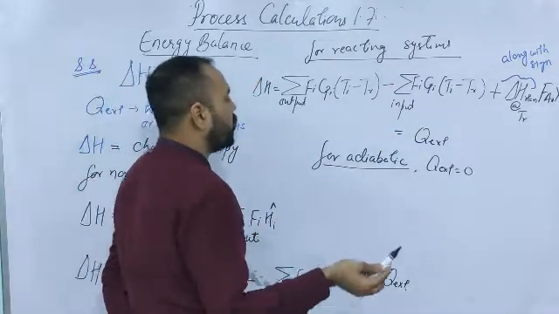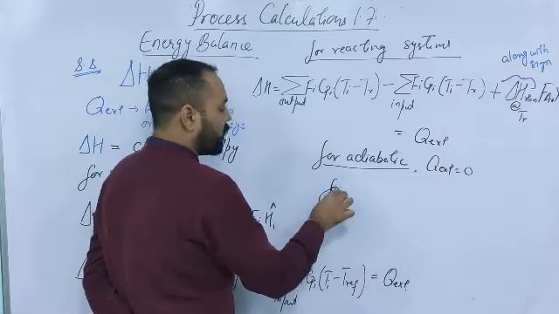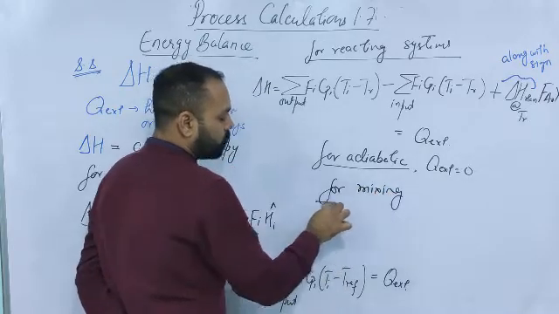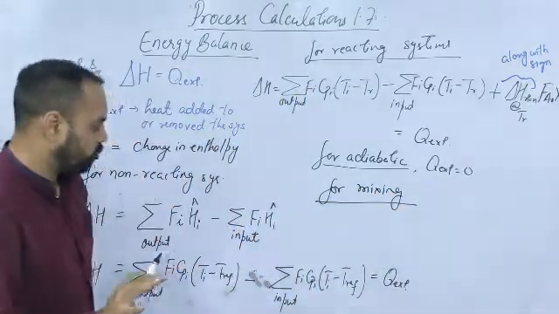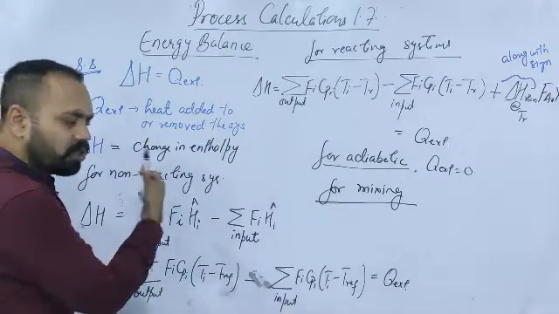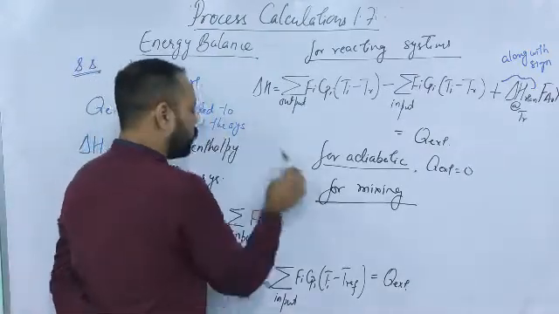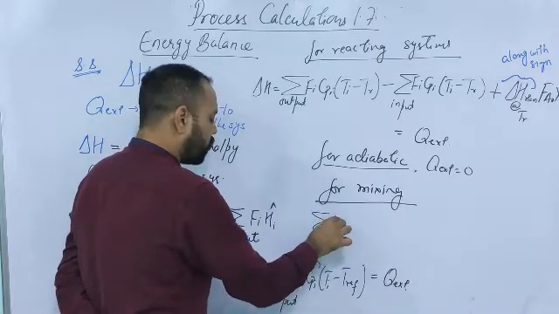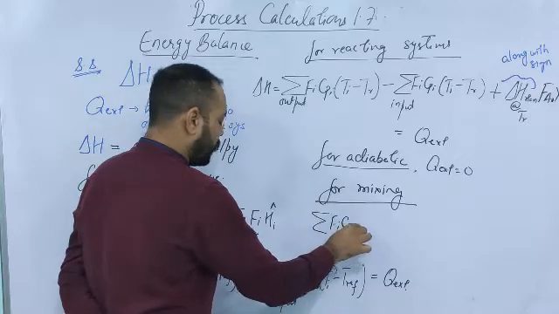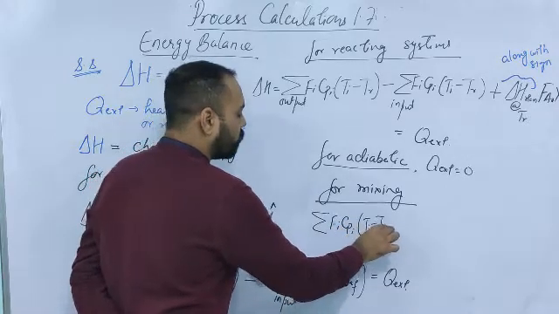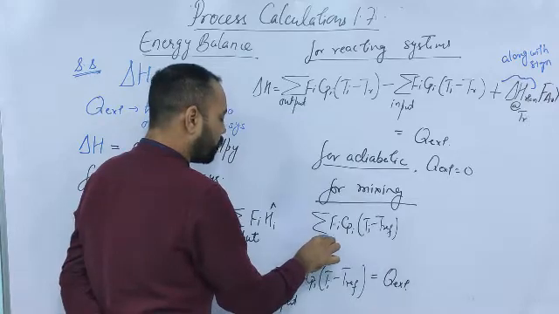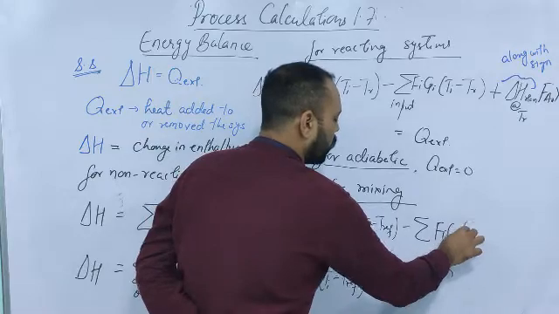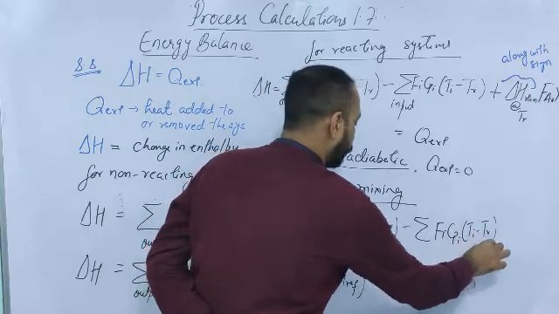Suppose there was a question in GATE where there was no reaction but it was a mixing process. So how to handle that? How to write the energy balance equation for mixing? Again, there is no change in these equations. You can always use delta H is equal to Q external, but there you can write delta H as summation Fi Cpi Ti minus T reference for output minus summation Fi Cpi Ti minus T reference for input.